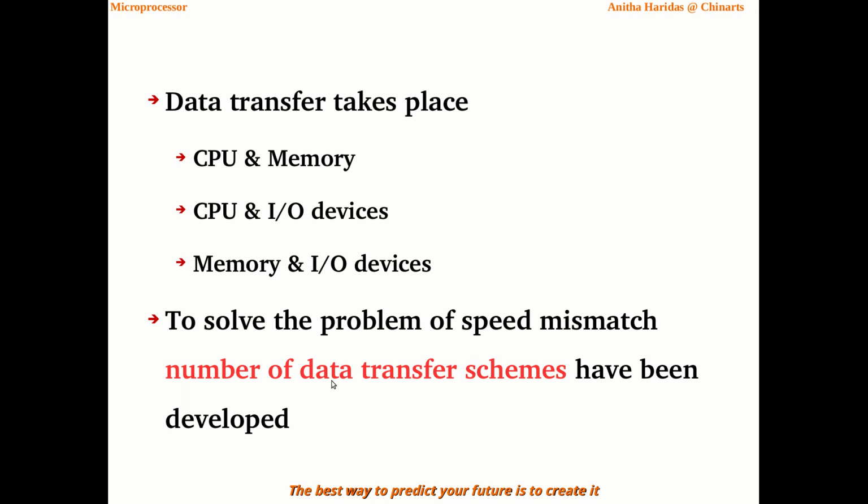Yesterday during the discussion I told you the CPU has to be connected to the different peripheral devices and the memory. When the CPU is transferring the data between these components, there is going to be a speed mismatch between the data transfer rate of CPU and the memory input output devices.